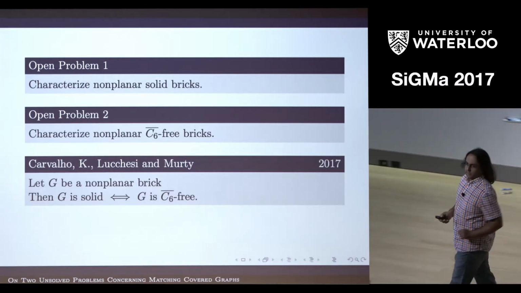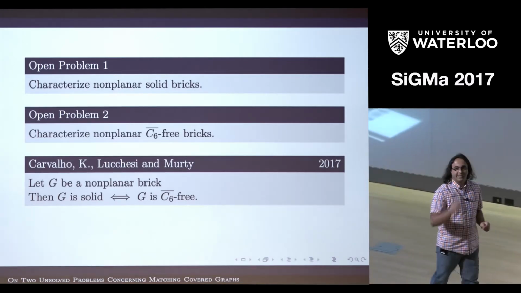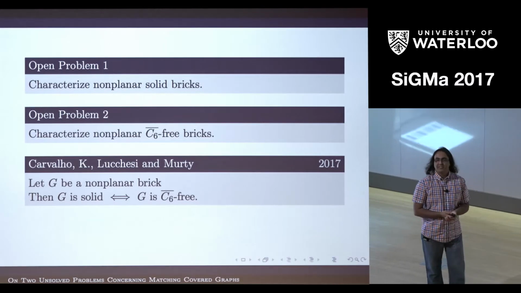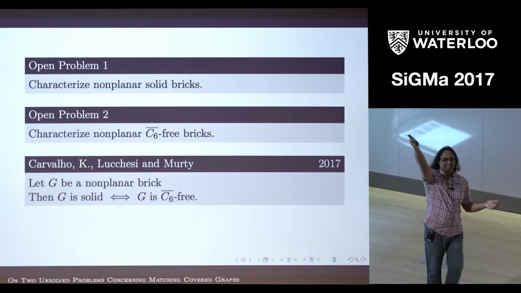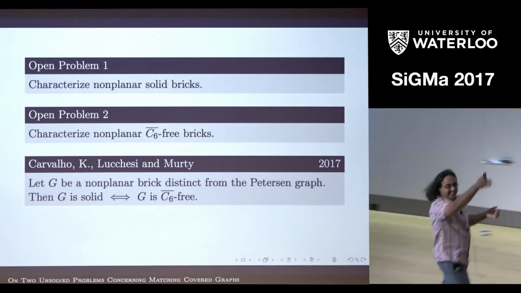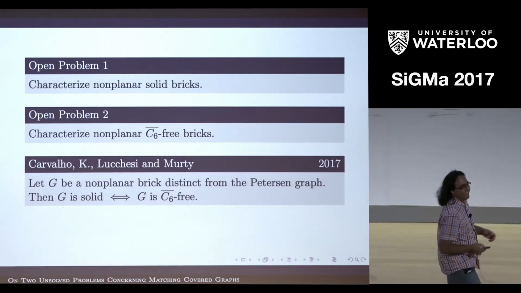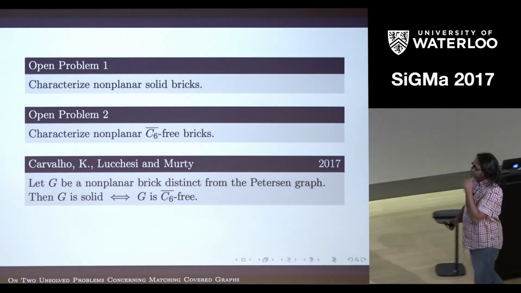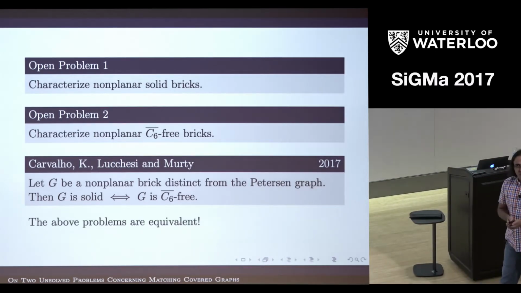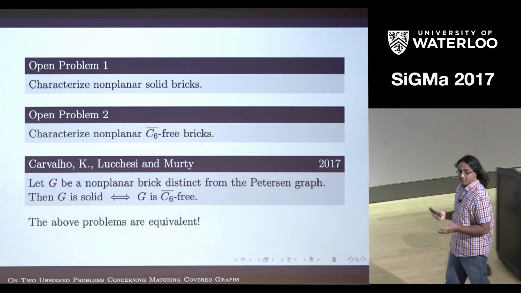This statement is false. There's one exception. Anyone? There's one exception to this statement. Any guesses? Petersen graph, of course. Thank you. You got the Petersen graph. Okay. So that's the main result, and that proves that these two problems are equivalent. We haven't solved the two problems, but they're equivalent.